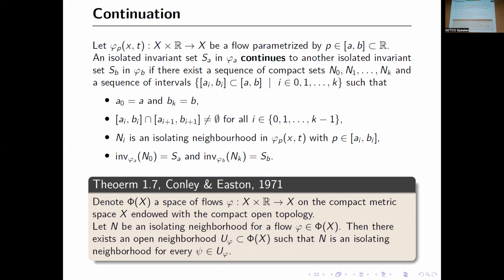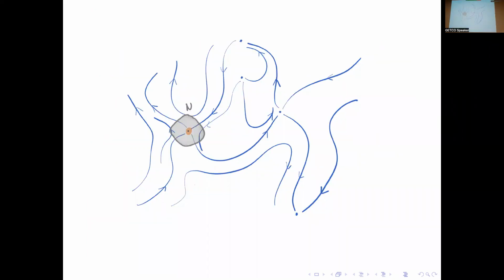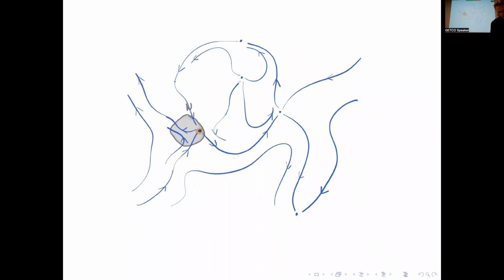To say that two isolated invariant sets are related by continuation, we have to be able to construct a sequence of isolating neighborhoods that satisfies those conditions. And maybe instead of going through those conditions, let's see this definition in the picture. The idea is that we start with a saddle. We construct an isolating neighborhood around it, and we let our dynamical system evolve.